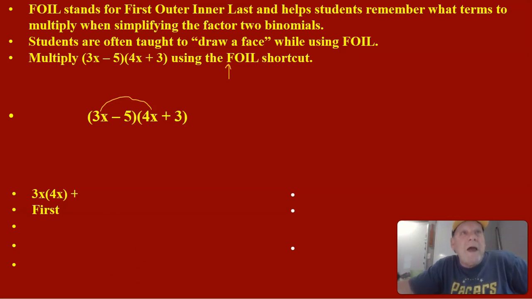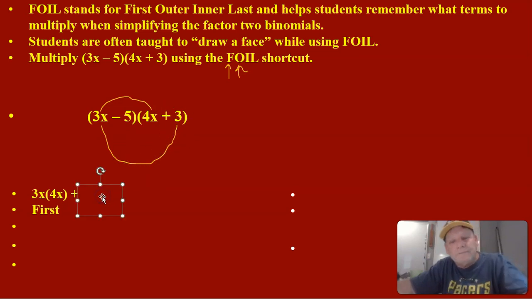So I'm going to take now and go to my second letter, which is O, which stands for outer. So I just draw a little curve to the 2 outer terms. So it's going to be 3x times 3.